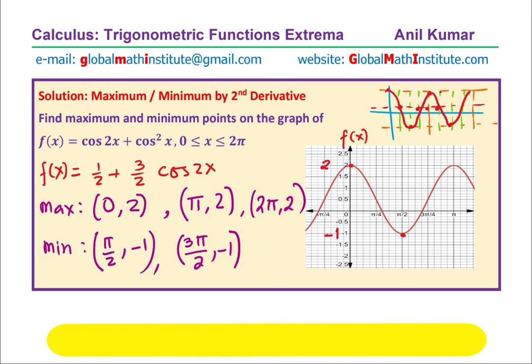So that's the second wave, right? So you can see that there are 3 maximum and 2 minimum as specified here. Perfect. So that is how you are going to answer this particular question.